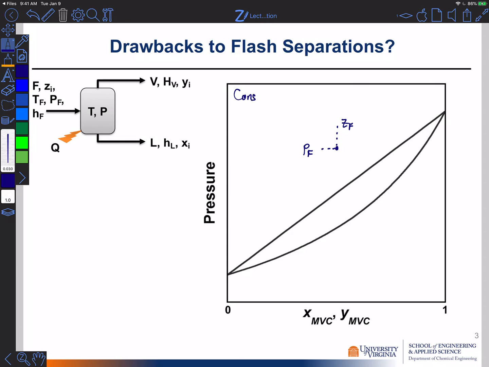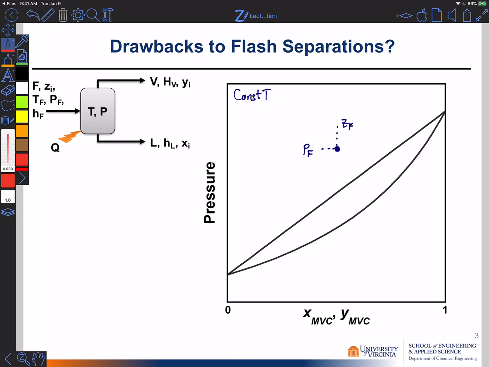This is a constant temperature PXY diagram. MVC here is for more or most volatile component. If we're doing a binary separation here, then the most volatile component is often what we plot on the PXY and TXY diagrams. In any case, we can think about our feed as being some point up here.